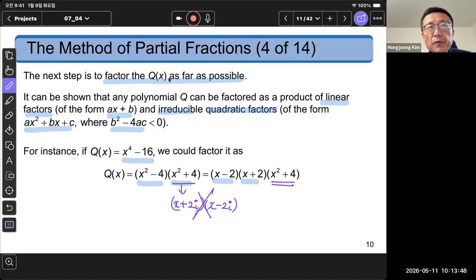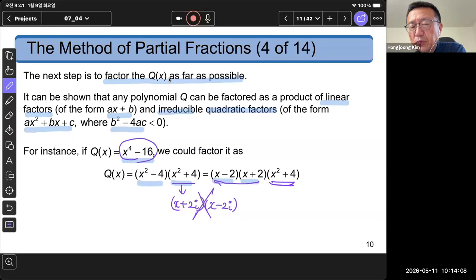So if I have any polynomial in the denominator, you will see that it will be reduced to the product of some linear factors or irreducible quadratic factors. Okay?